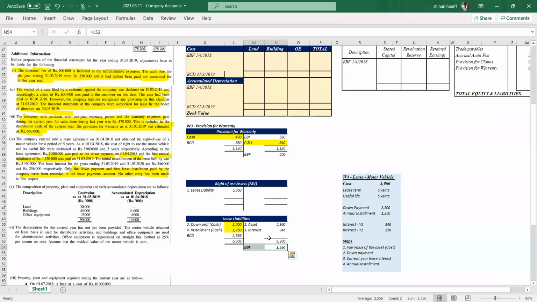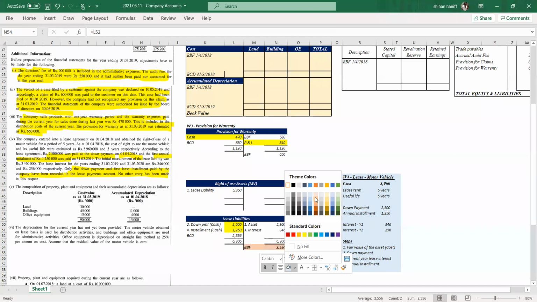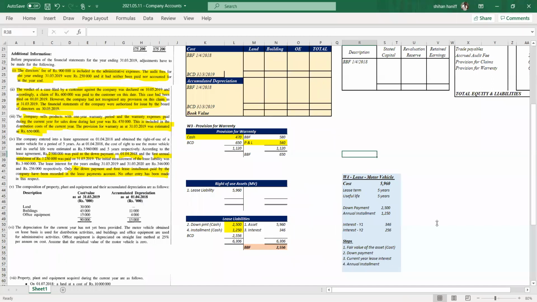That's the lease liability account balance. 2,556. Two five five six. Okay.